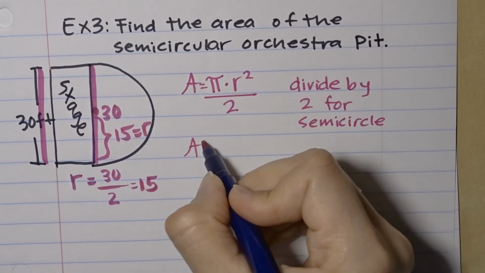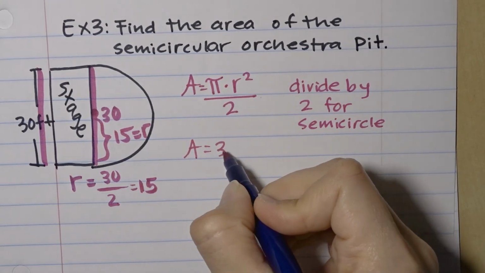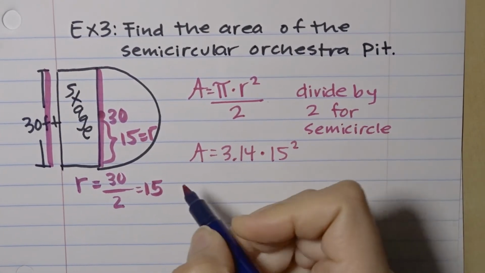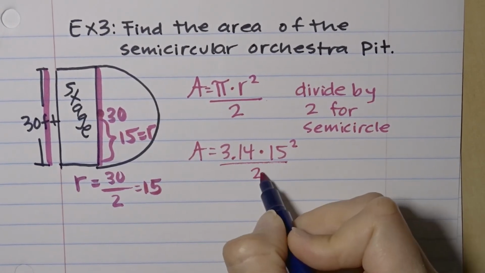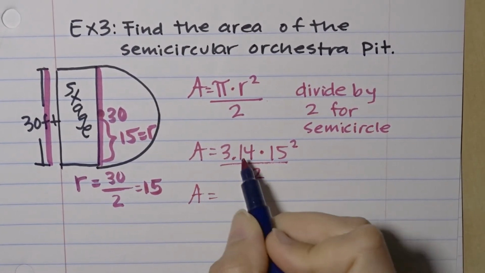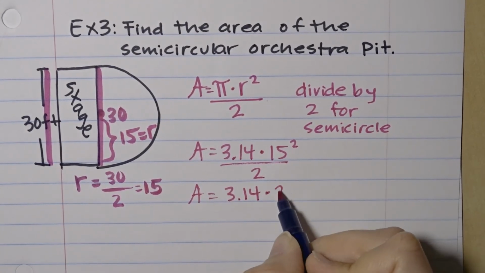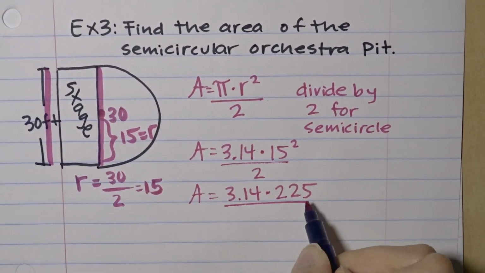Okay. So now I'm ready to plug 15 into my formula. So area equals pi, which we know is 3.14, times 15 squared over 2. And that's going to be 3.14 times 225, all divided by 2.